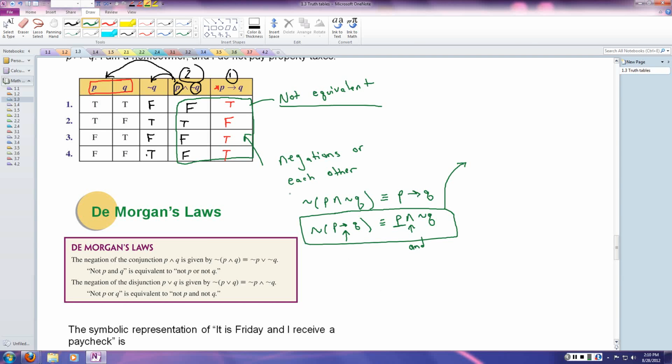So an example, before I get into De Morgan's laws, let's look at an example.